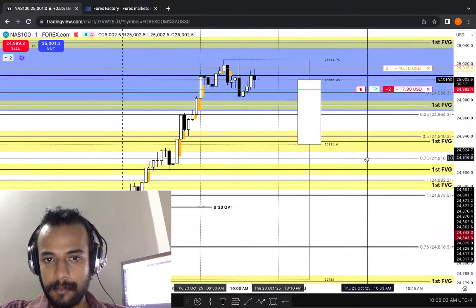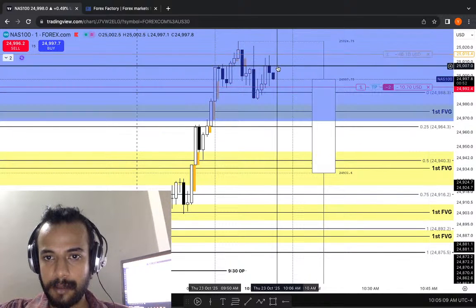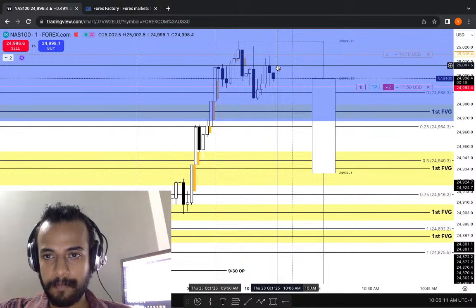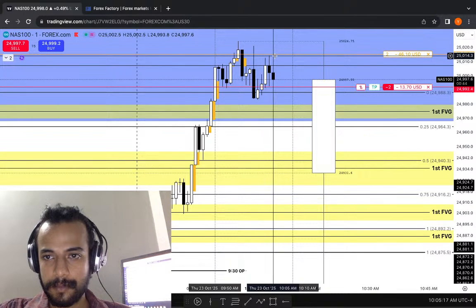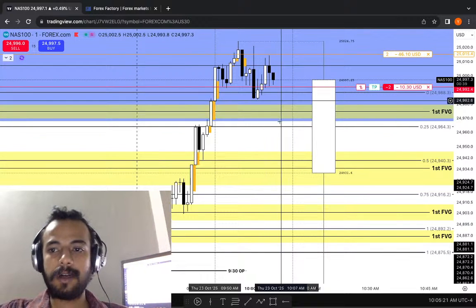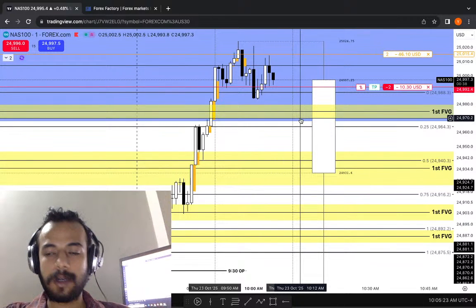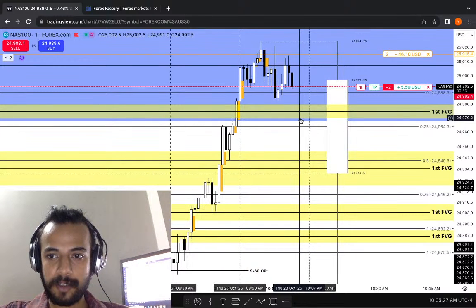Now bodies of the candle are respecting this midpoint of that gap. SL was right there, it just did not go there. But now it should aggressively move lower on the downside if they want to. That is what I am expecting.